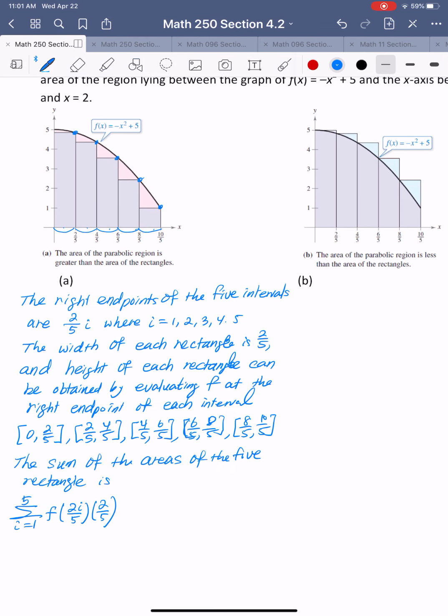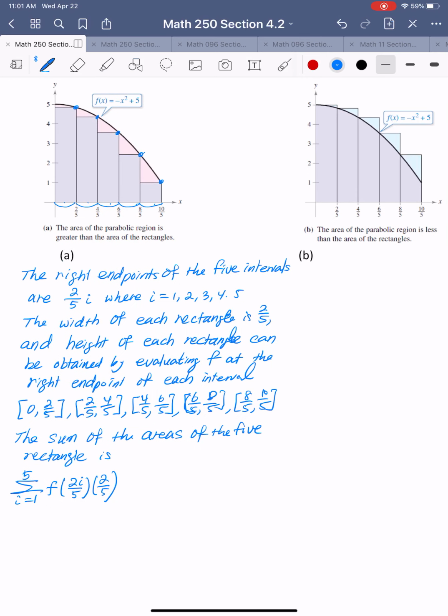When you plug x in, this is the place. This 2/5 makes the width, and this whole thing makes the height of the rectangle. Width times height becomes the area of the rectangle.